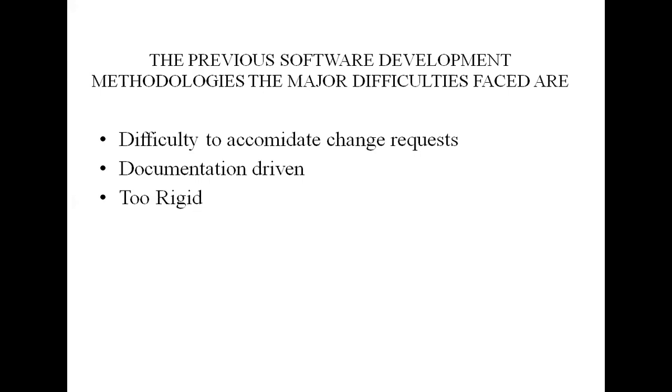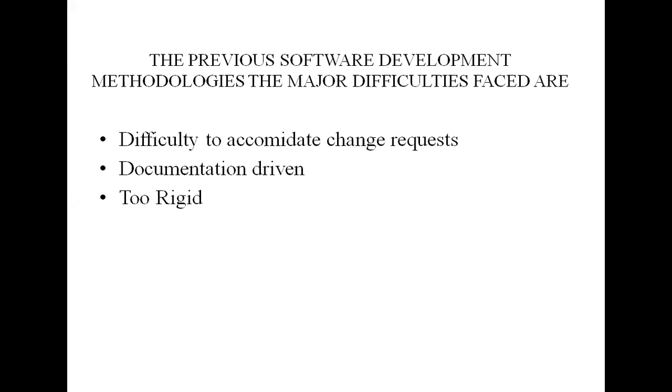The main change implemented by this technique is that whenever an incremental feature is developed, the software is immediately released to the customers. When there is any change in the software, it is immediately released to the customer for their use and feedback.